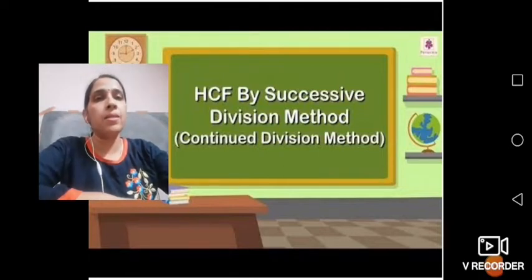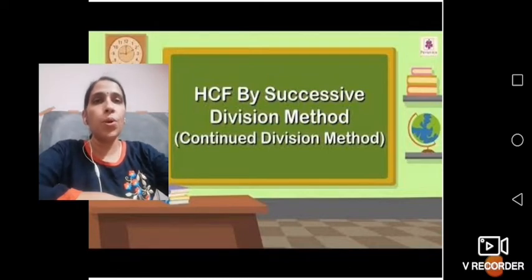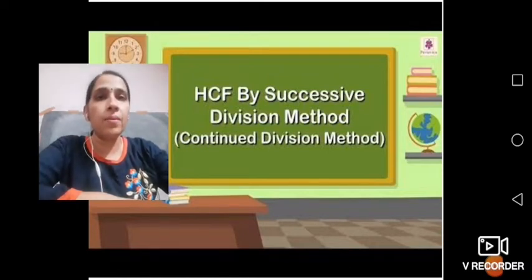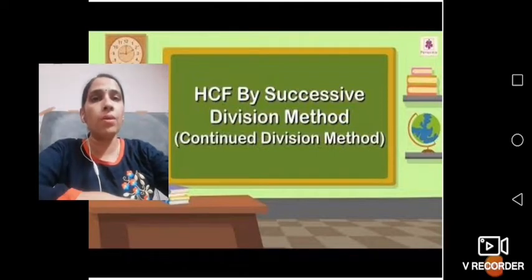Today we are going to start HCF by successive division method. As you all know, yesterday we found HCF by using the prime factorization method or by finding factors of given numbers. Then we found common factors.